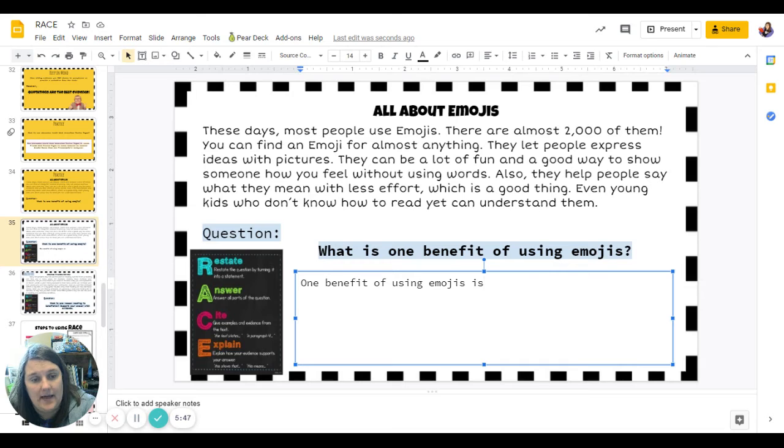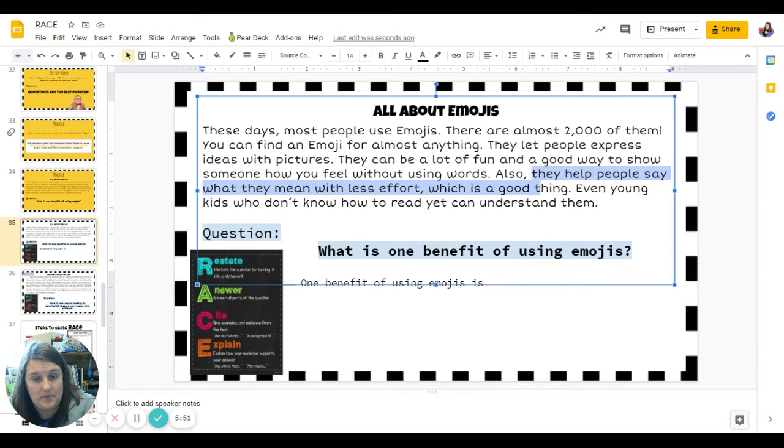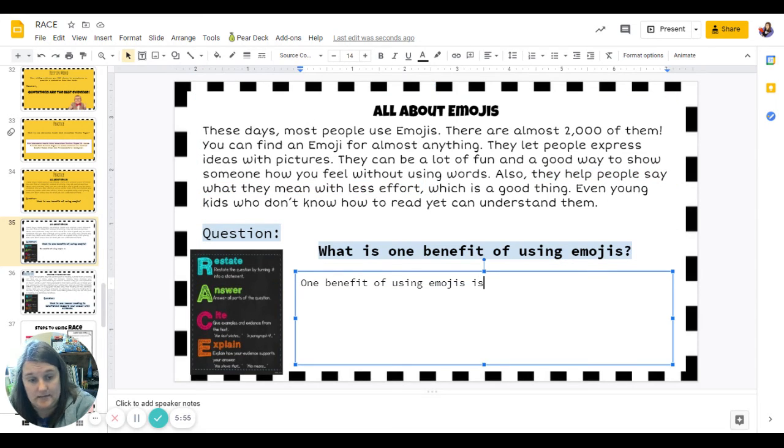I really like this one that they help people say what they mean with less effort. So what I'm going to do is I'm going to put that in my answer. One benefit of using emojis is you can say what you mean without having to type it out. See how I put that in my own words, okay?